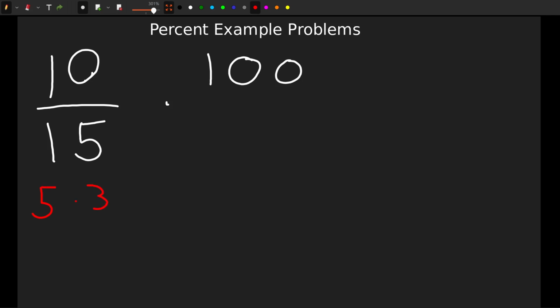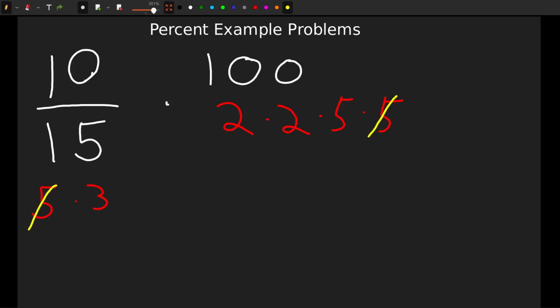And then 100 we know is 2 times 2 times 5 times 5, right, as a prime factorization. So I know here I can cancel out 1 5 from 15 and 1 5 from 100.